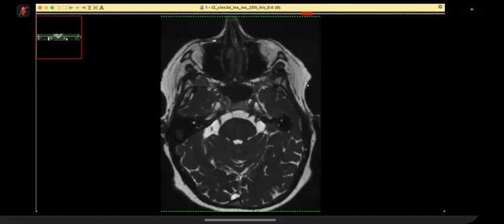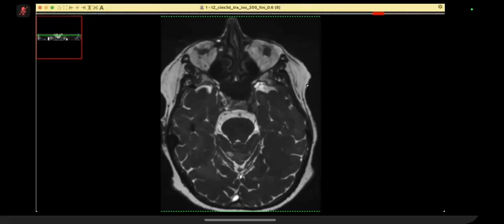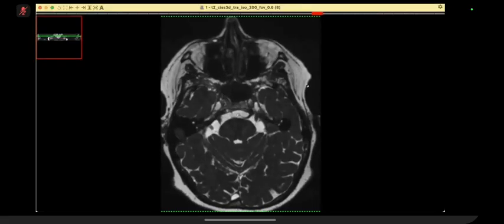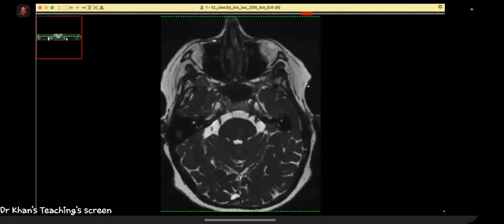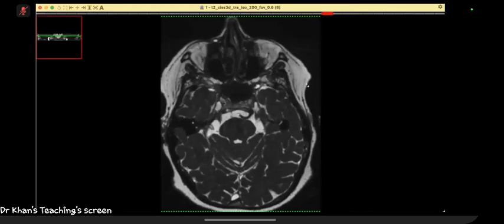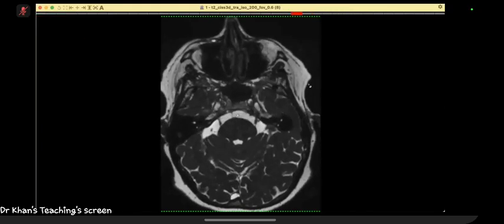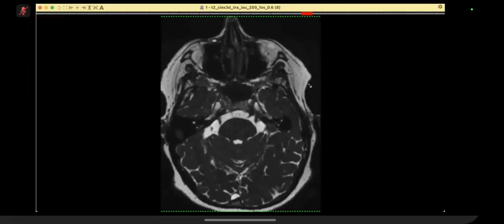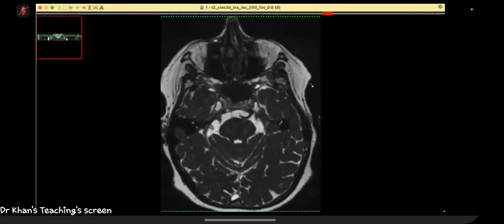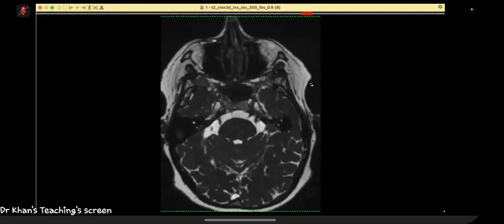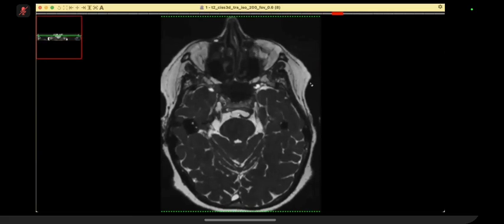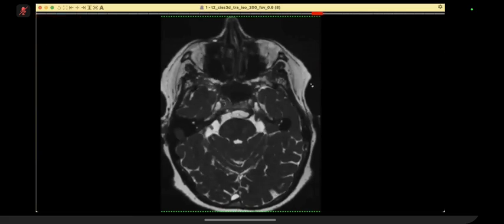Yes. Now this vascular structure is well demonstrated in the FIESTA sequences. I can see this structure is exerting compression on the left trigeminal nerve at the level of the Meckel's cave. Okay. So how will you confirm this now?